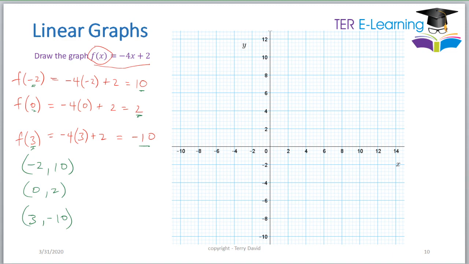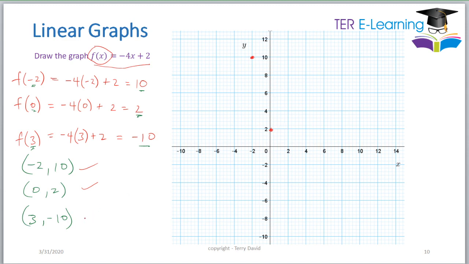Now, let's plot that on the graph. The first coordinate, minus 2, 10, is up here. That's this point we plotted. The next point is 0, 2, which is this point here.